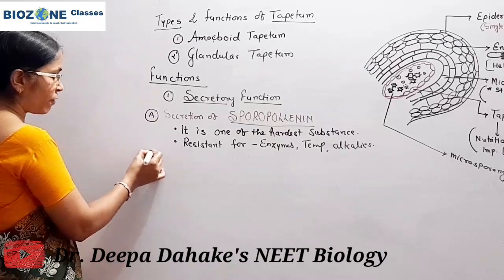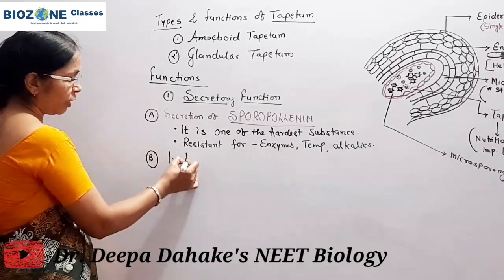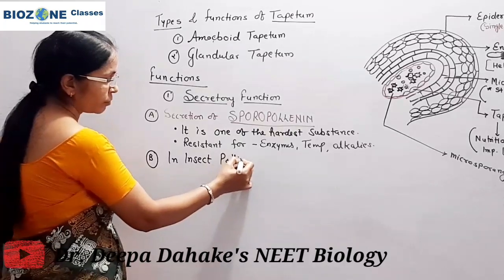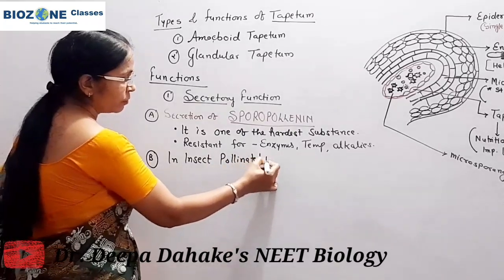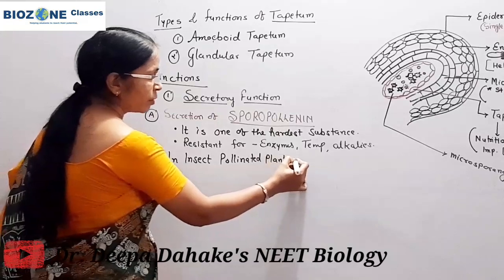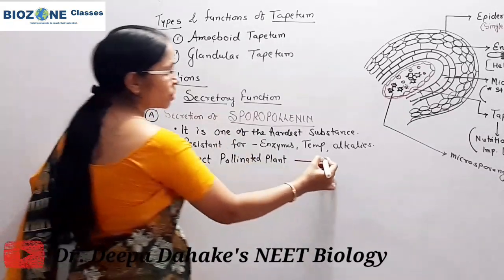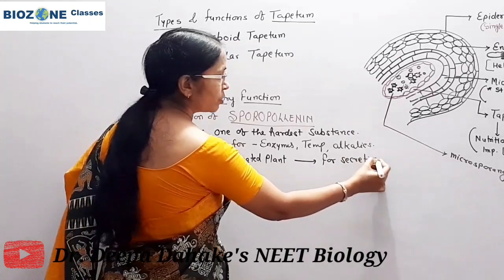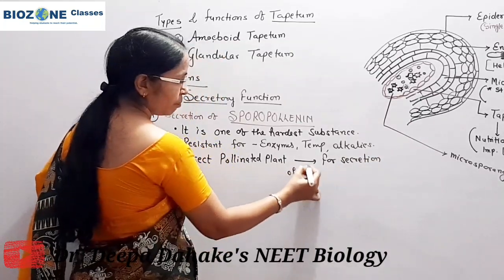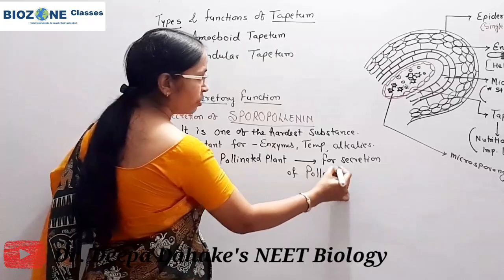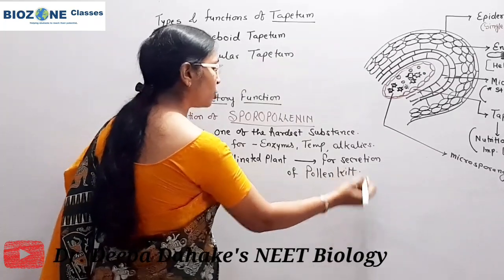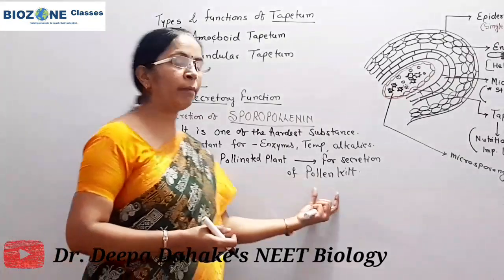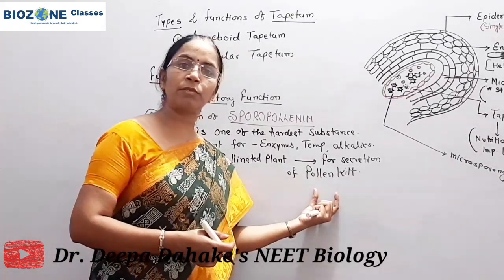The second secretory function: in insect pollinated plants, the tapetum is responsible for the secretion of pollen kit, which is deposited around the pollen grain, and because of which the pollen grain becomes sticky.